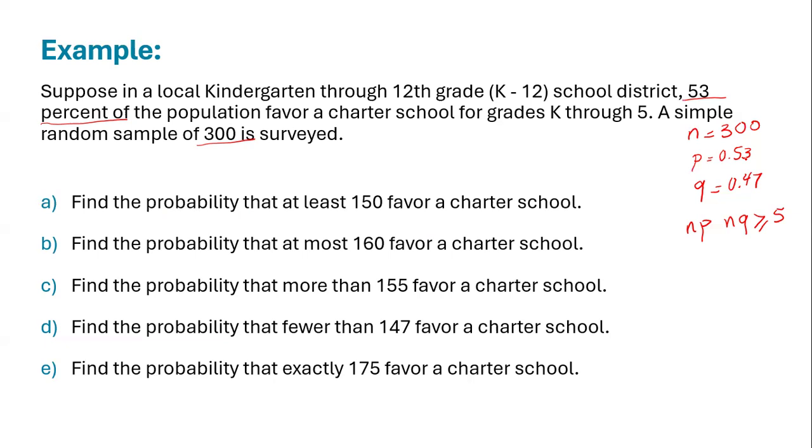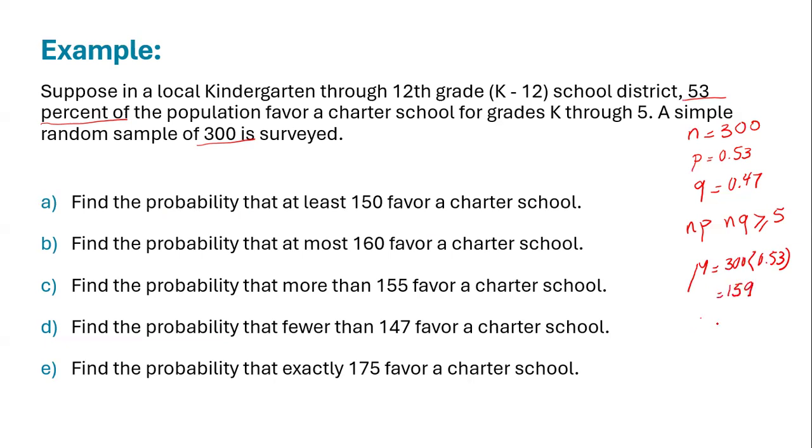Now, we need to find the mean and the standard deviation. Mean is always n times p, which is 300 times 0.53, and that is 159.